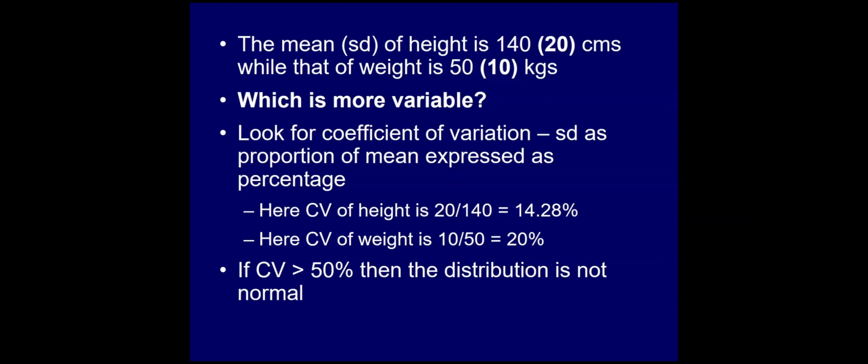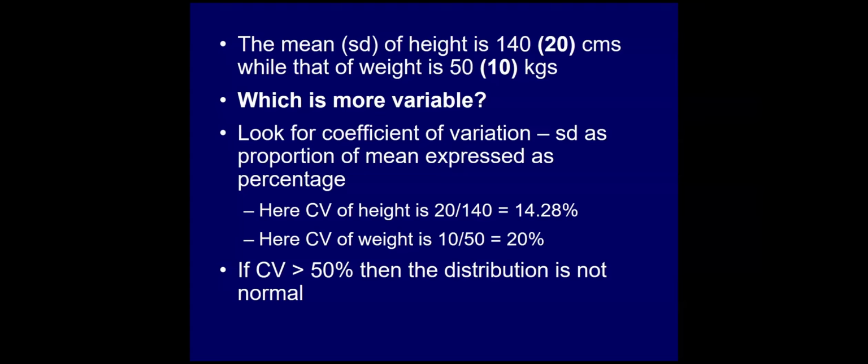That means it is being skewed by outliers, or there is some other pull mechanism which is not allowing it to remain normally distributed. Okay, just keep this in mind. I'll come to it again.